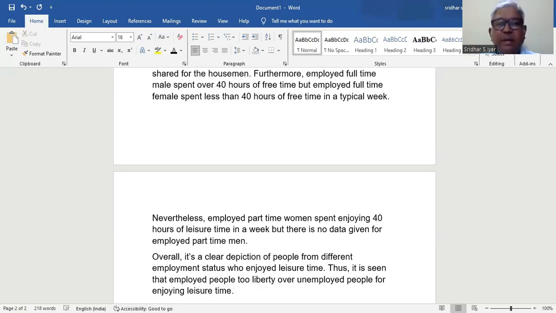Don't have to say that time and again. Overall, it's a clear depiction of people from different employment status who enjoyed leisure time.